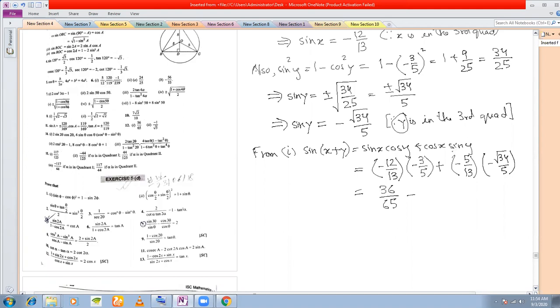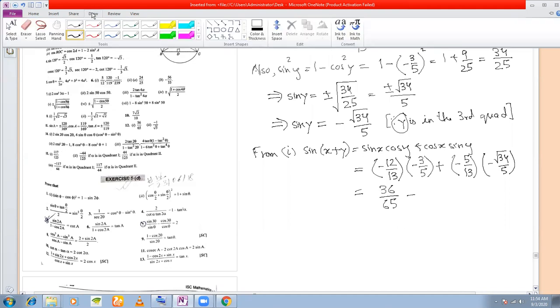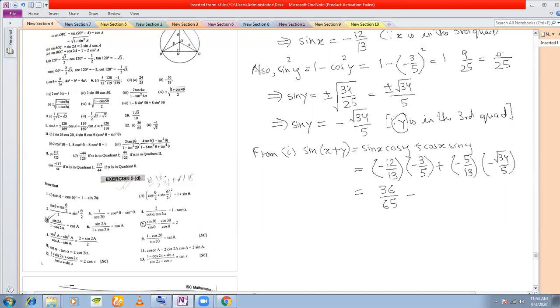Sin y is minus 4 by 5. Oh, this is 25, no? Yes, so 25 plus 9. I have added, but this is a minus sign here. Minus 4 by 5.